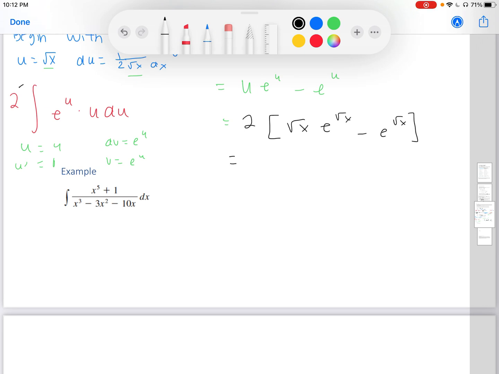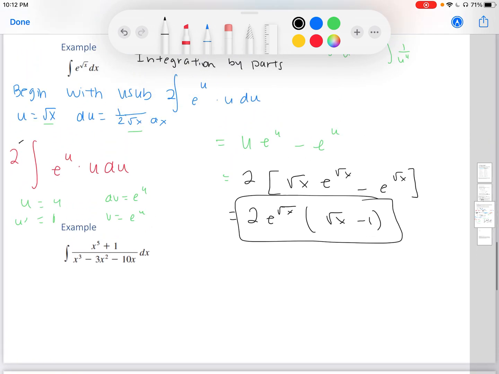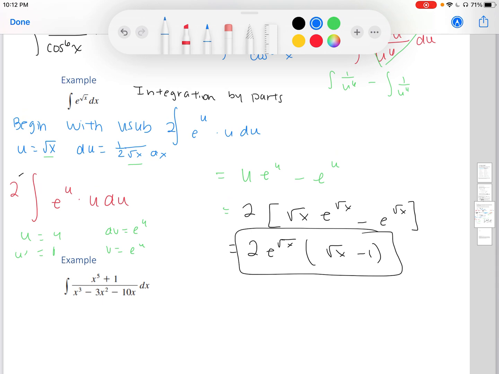You can factor the e raised to the square root of x. So we have 2 times e to the square root of x times square root of x minus 1. This one was tricky because you had to do 2 different methods. You had to begin by using u substitution and then continue using integration by parts.